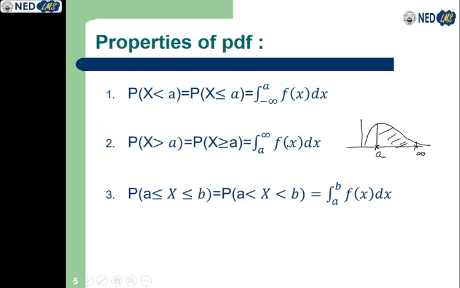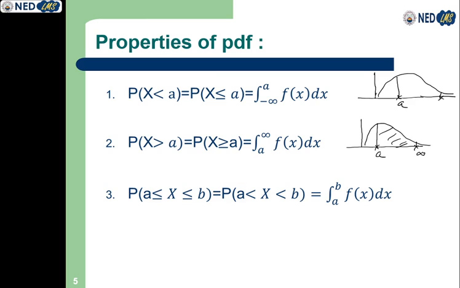So the first formula: if we are going to find less than a, then you write less than or equal to a, equality must be there. How could you find it? For example, in another graph, this is x equal to a, and this is x equal to plus infinity.